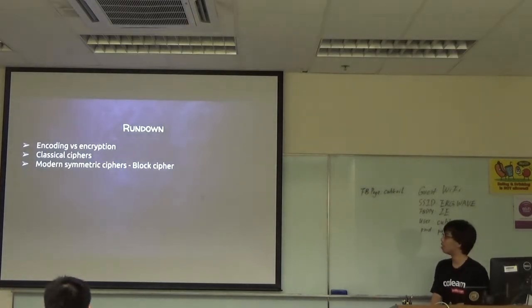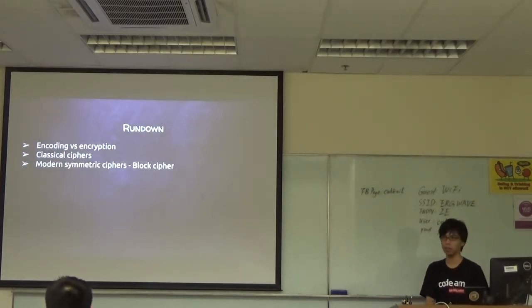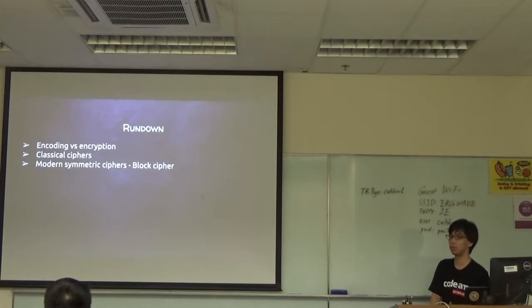So what we're going to do today is to talk about what is encoding and what is encryption. Can anyone spot the difference between encoding and encryption? Anyone know the differences? If yes, then I could skip this session already. Okay, no. Then we talk about classical ciphers, which were used a long time ago.